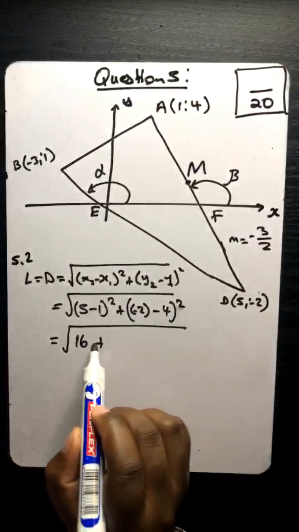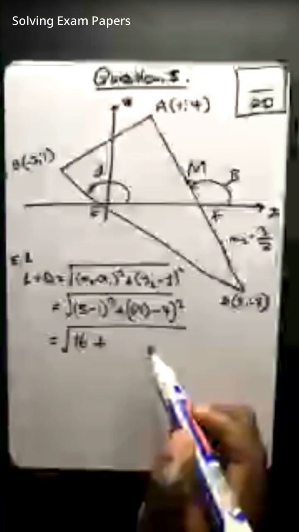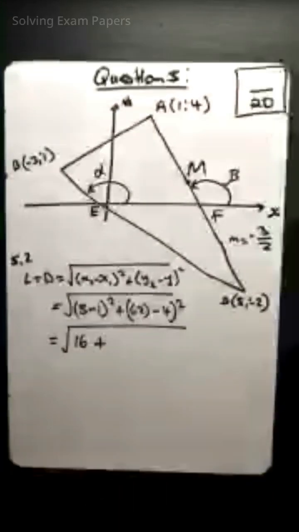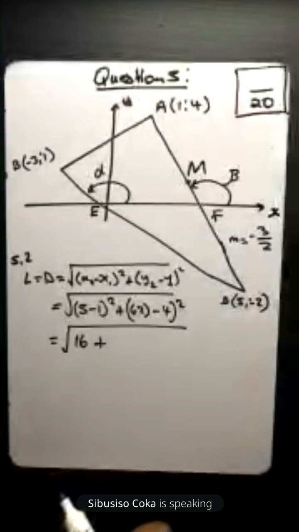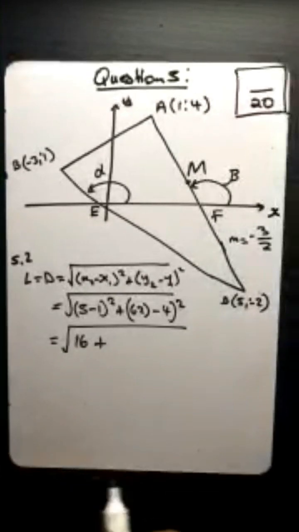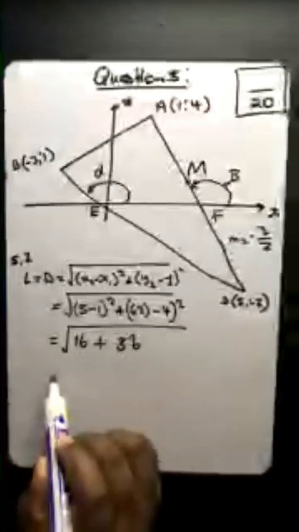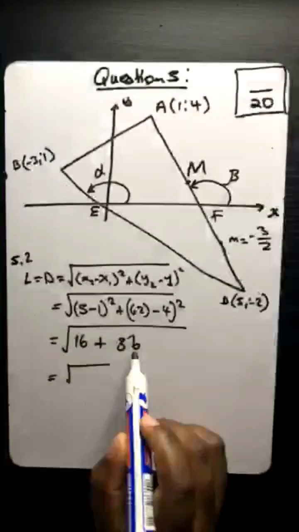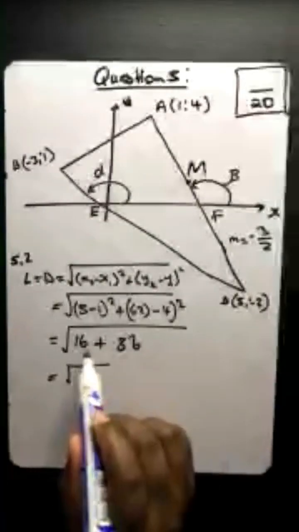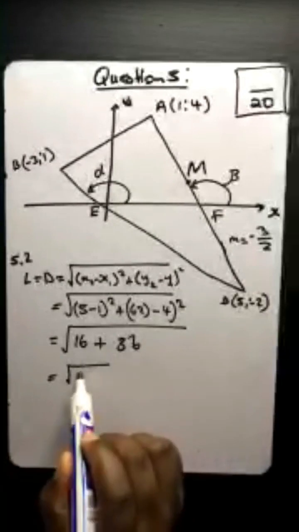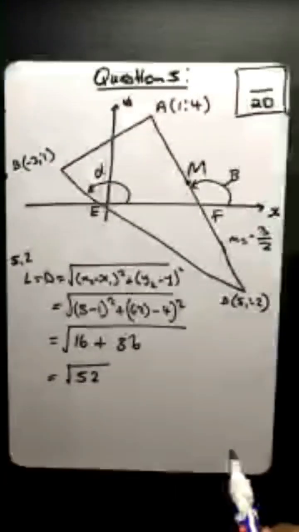What is negative 6 squared? 36. So what is this plus that? You take 4 there is 40, you take 10 is 50, then it's 52. I think it's 52. Am I correct with that one? Yes.